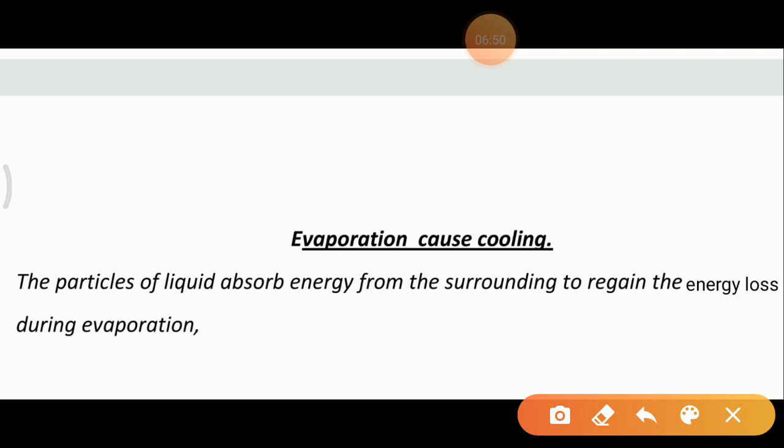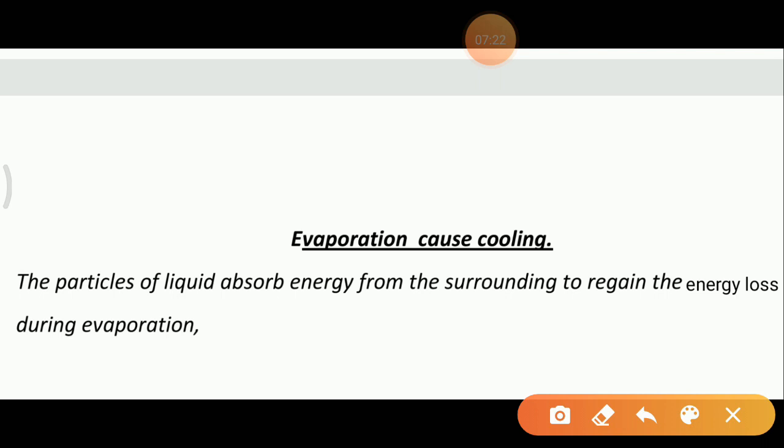During evaporation, the particles at the surface of the liquid gain energy from the surroundings or body surface and change into vapor. The heat is absorbed from the body, leaving the body cool. Cotton, being a good absorber of water, helps in absorbing the sweat and exposing it to the atmosphere for easy evaporation.